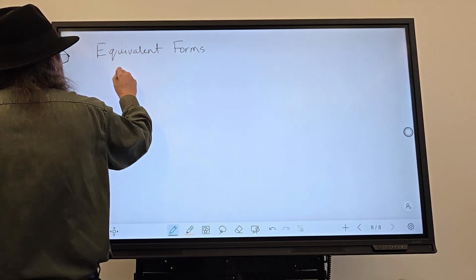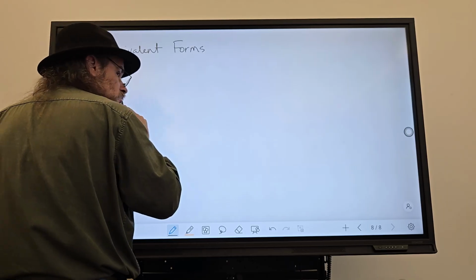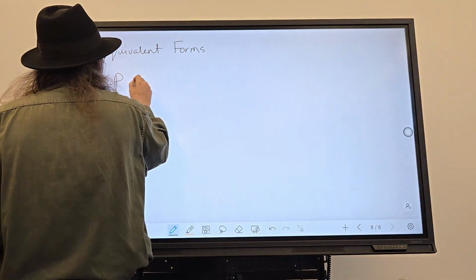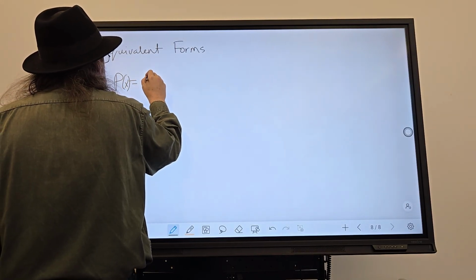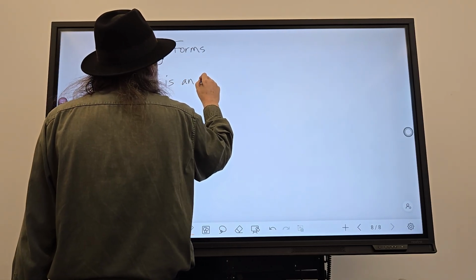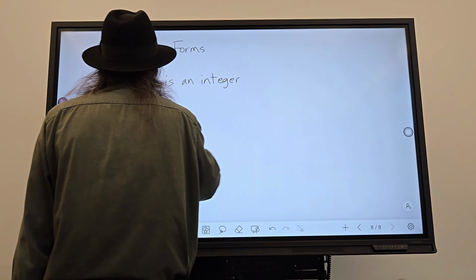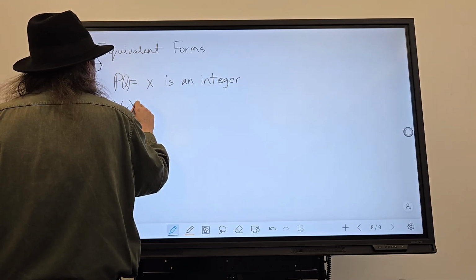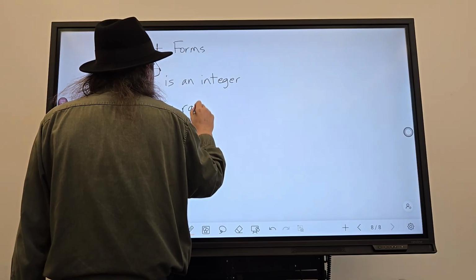So say P of x is "x is an integer," and Q of x is "x is rational."